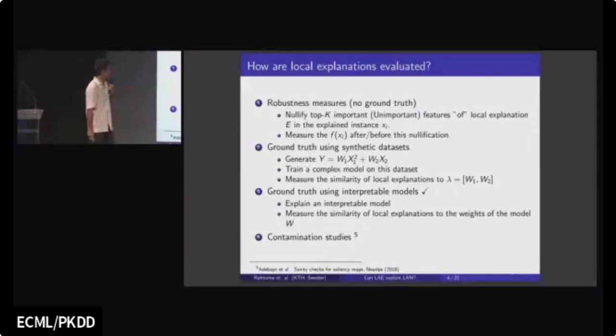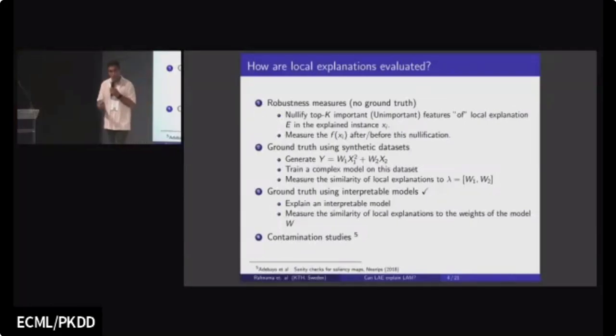No ground truth here. Sometimes you use synthetic data sets, something like this polynomial. You have 2 weights here for x1 and x2. Once you generate your data set, you fit a complex model on this, and then you get the explanation, and you expect that the explanation is close and similar to these weights, w1 and w2.